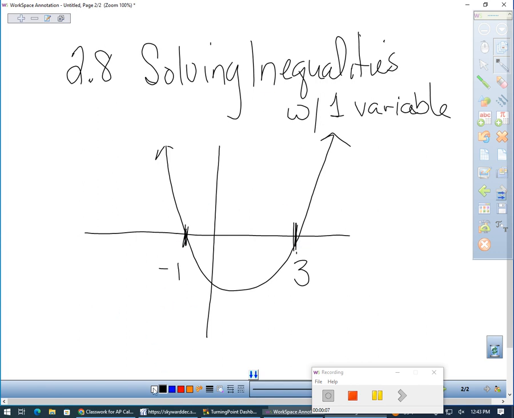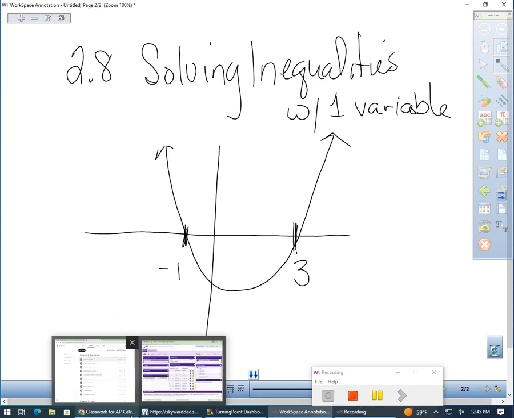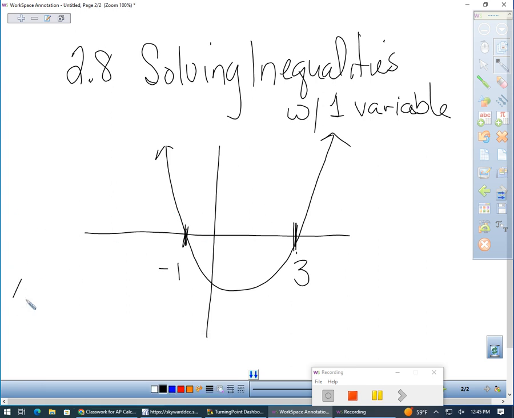If I'm talking about an inequality, that means I have 4 different signs that could come into play. Is that correct? Right? So maybe for this one, this inequality would look like this. X plus 1 to represent the first factor, the first 0. X minus 3 to represent the second factor.